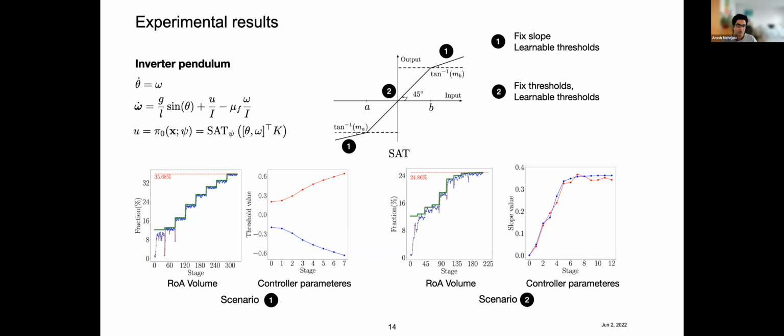When we change the policy, each jump corresponds to one change in the policy. Each of these flat areas in the green plot shows that the policy is fixed, but there are multiple iterations to learn the Lyapunov function. The Lyapunov function catches up with the true region of attraction, which is shown with this green area.